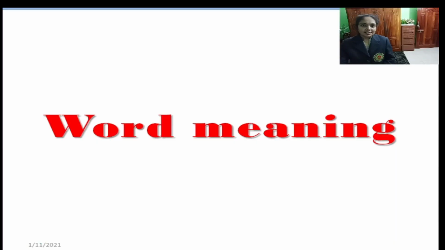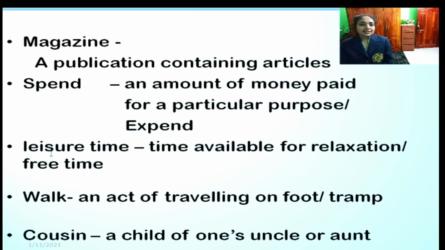Dear students, here we have got some new words. Let us know the meaning of some words. The first word is magazine, a publication containing articles. Magazines are issued regularly, usually every week or month, or it may also be published yearly, like our magazines right here.